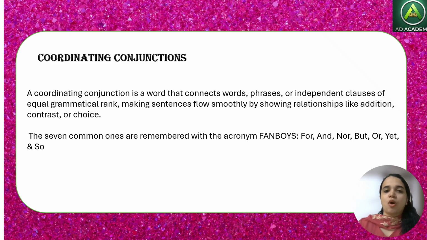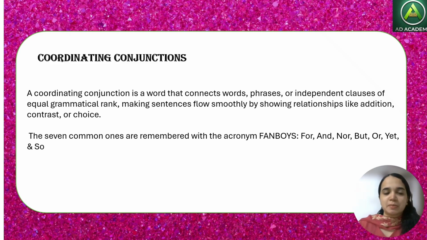And there are seven common coordinating conjunctions that we can study with the code that is FANBOYS. F for "for", A for "and", N for "nor", B for "but", O for "or", Y for "yet", and the last one, S for "so". So FANBOYS, you can study this code and these are the examples of coordinating conjunctions.